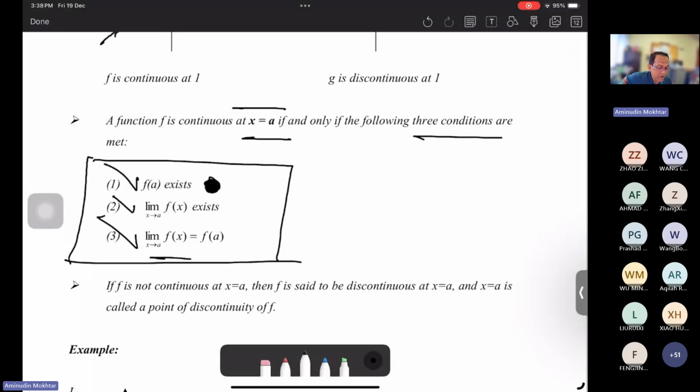The value of y equals the limit of the function at point x equal a. These three conditions must be fulfilled in order for a particular graph to be continuous.